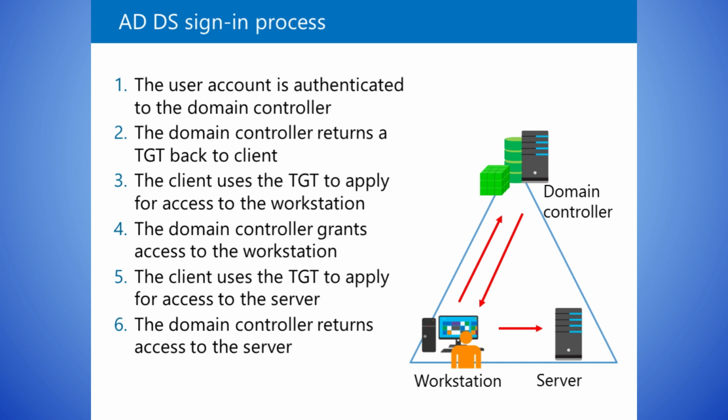At this point, the user does not have access to any resources on the network. A secondary process in the background submits the TGT to the domain controller and requests access to the local computer. The domain controller issues a service ticket to the user, who then can interact with the local computer. At this point in the process, the user has authenticated to ADDS and signed in to the local computer.